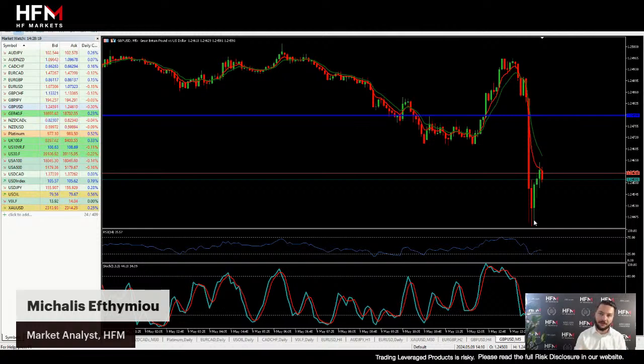But there's benefits to analyzing it as though it is three different assets. You analyze it, number one, as the pound against the US dollar. So this is one asset. You also analyze it as the US dollar as an individual asset, and you also analyze it as the pound as an individual asset. Now, ideally, you don't want conflict there.